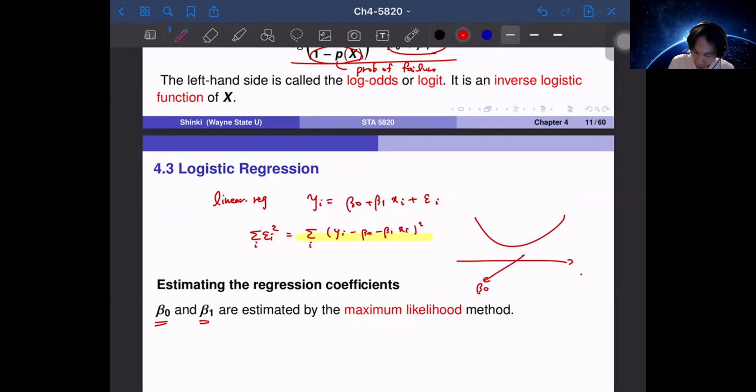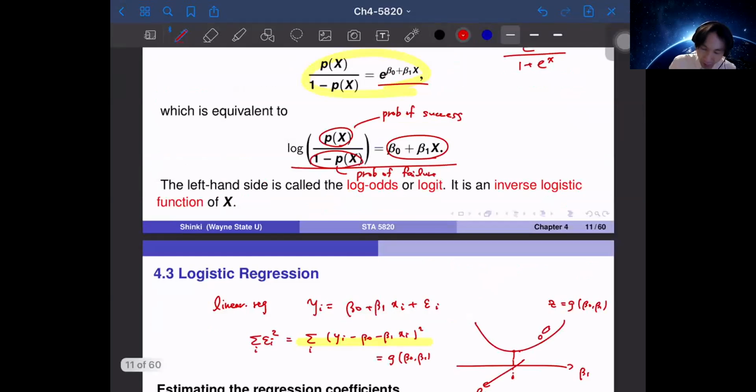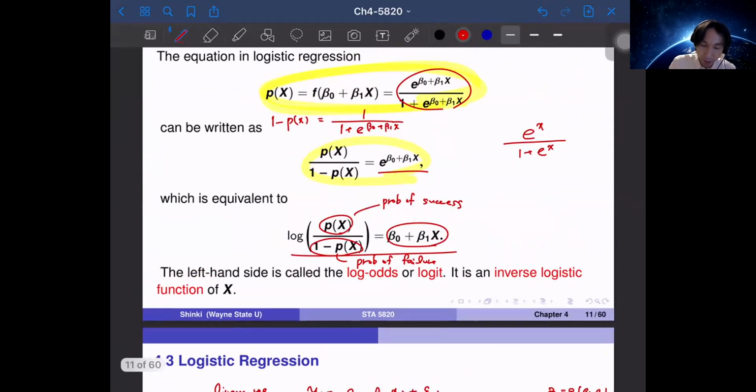If we think about beta naught and beta 1, and call this function g of beta naught and beta 1, then z is equal to g of beta naught and beta 1. This is a parabola, so we can easily find the minimizer of the function. But for logistic regression, we cannot do the same thing because we only have probability here.